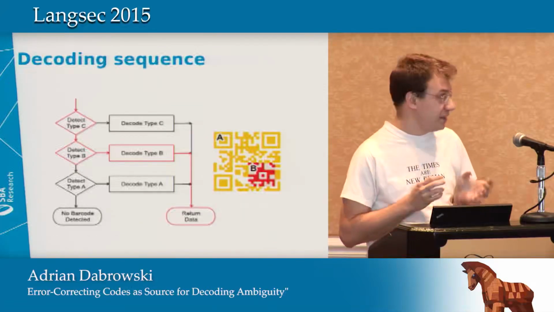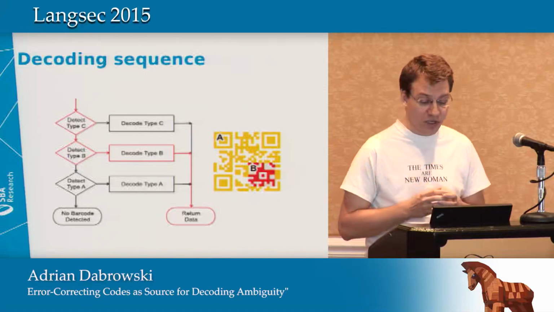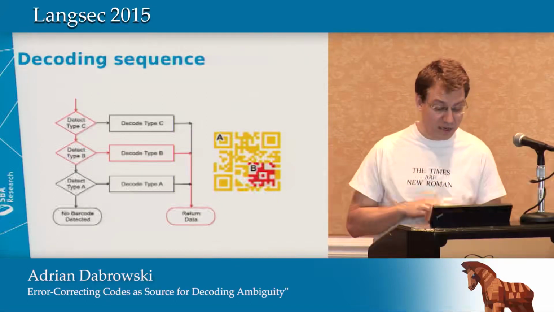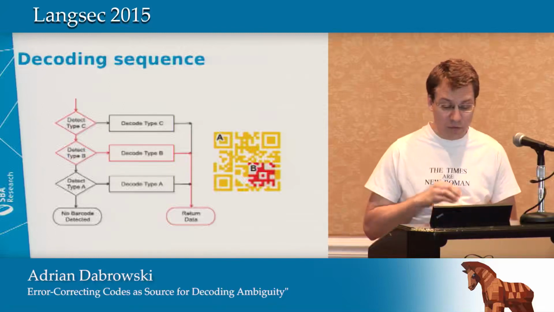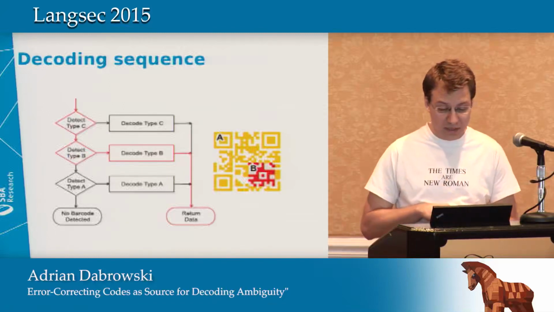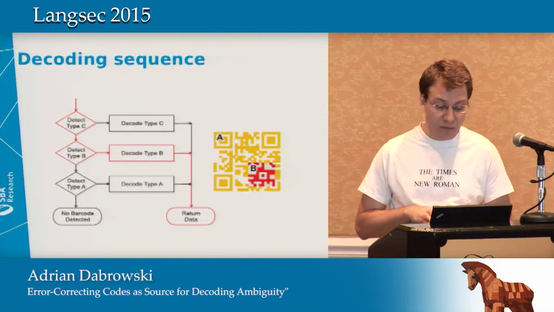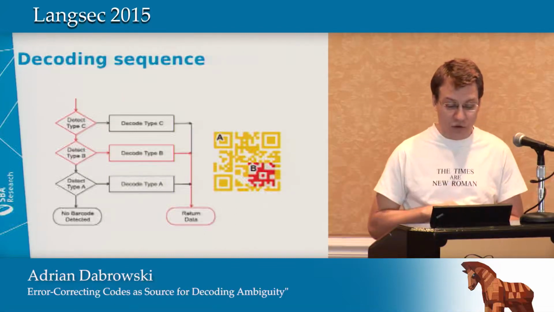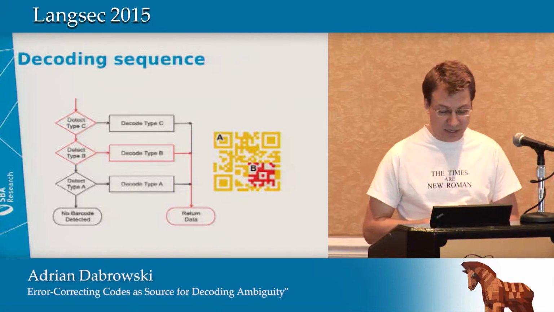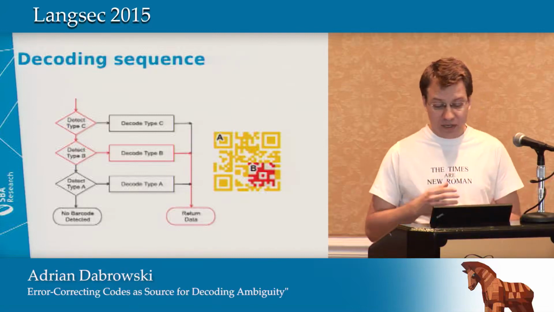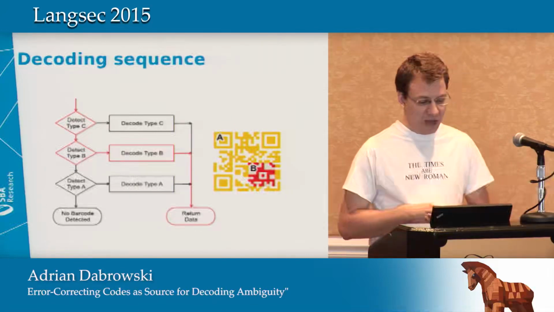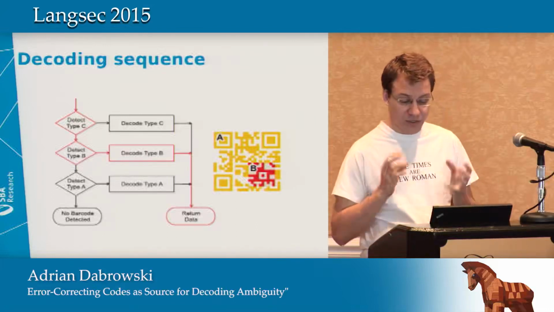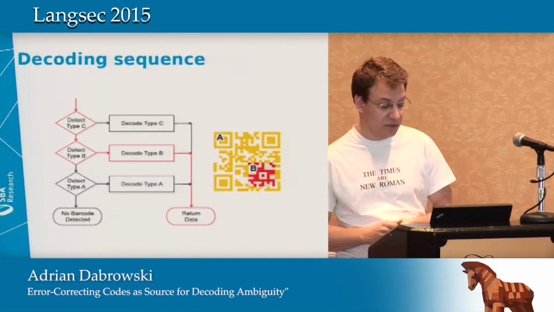We have one very computationally lightweight machine that tries to find synchronization markers in the picture and determine which kind of barcode the user is scanning. And then we have a computationally more complex code that then decodes the data. And once it has chosen a path, the decoder runs down and just returns one of these codes.